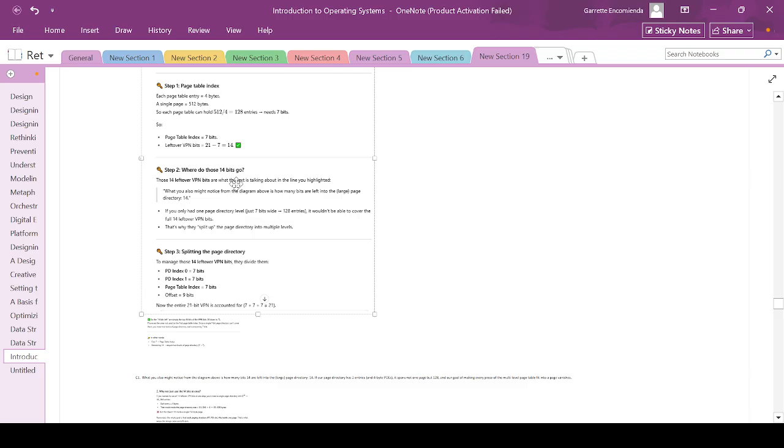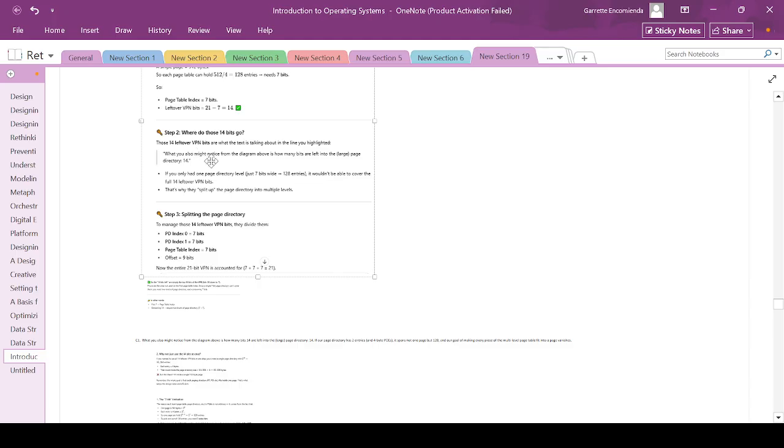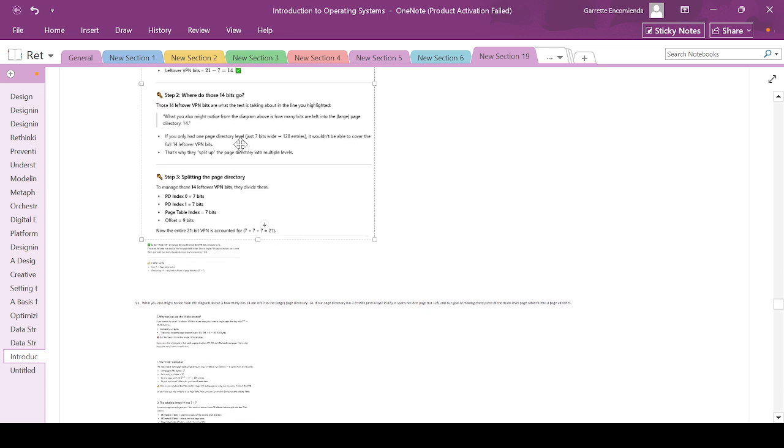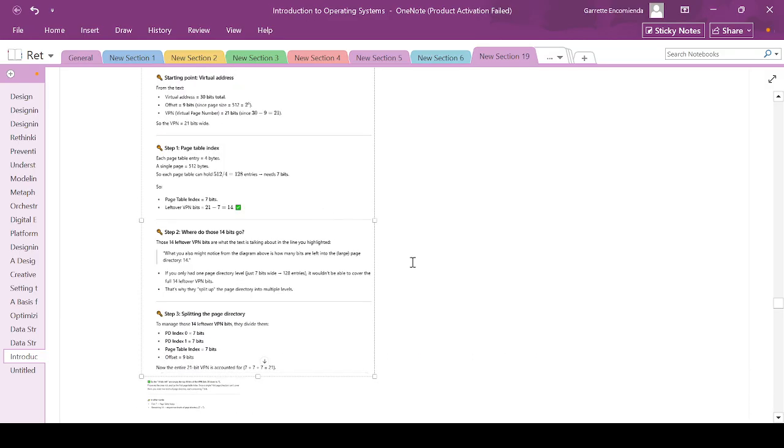Now, where do those 14 bits go? These 14 leftover VPN bits are what the text is talking about in the line you highlighted. You might also notice from the diagram above that 14 bits are left for the large page directory. If you only have one page directory level, just 7 bits wide, or 128 entries, since we need to make the page table fit in a page, we only have 128 entries.